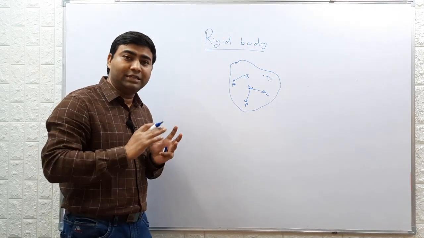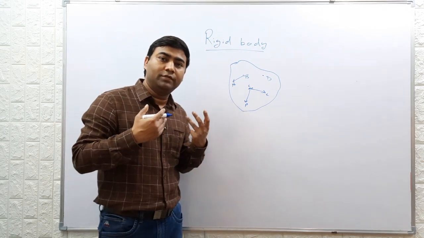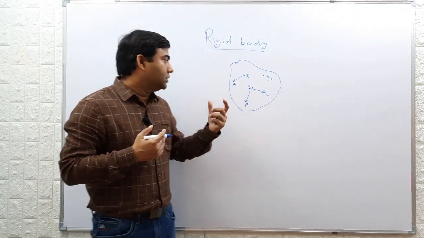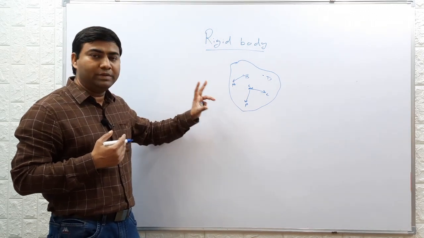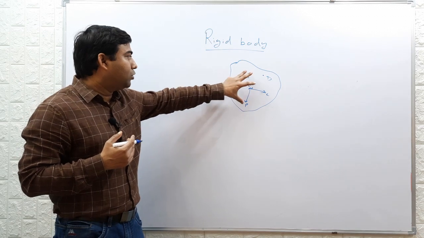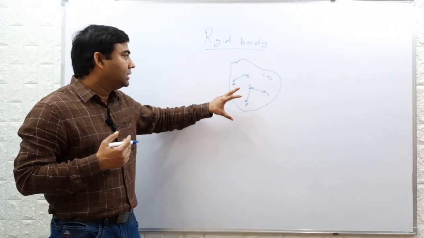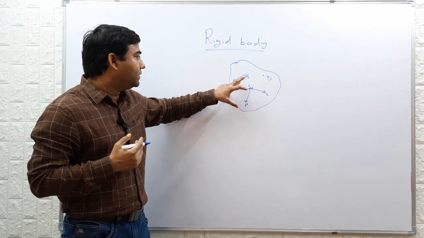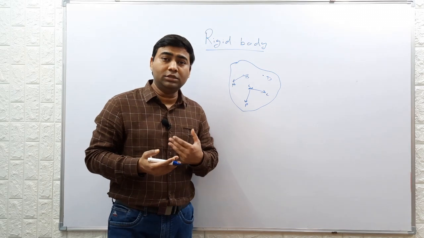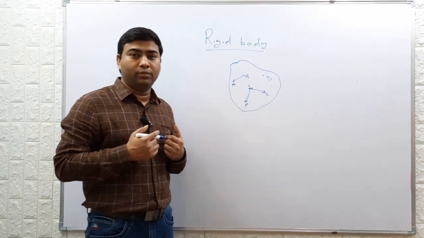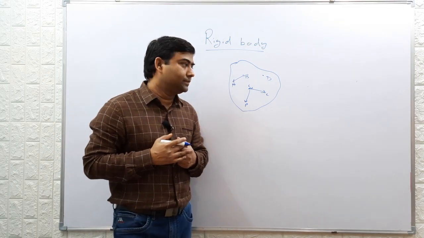Its size and shape remain the same under the application of forces. That is called a rigid body. Simply, the body is not deformable under forces, and the distance between various points on the body remains constant. That is the definition of a rigid body.